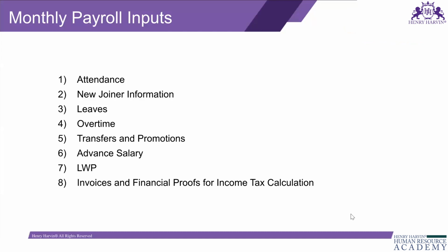Say for example, I am an individual working in an organization, and I have invested some money in an LIC policy. When I purchased the LIC policy, the LIC agent would have given me a receipt. I have to submit that receipt to my employer while calculating the income tax.